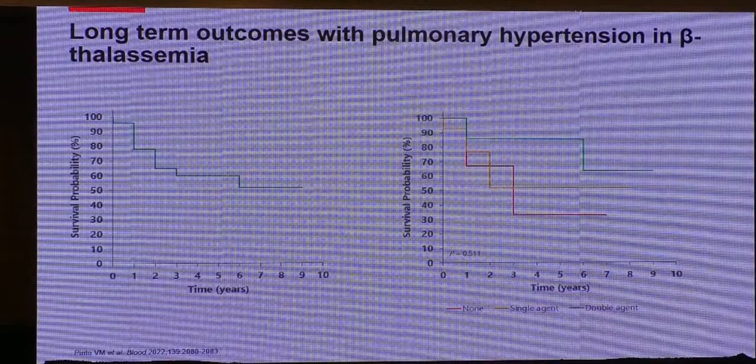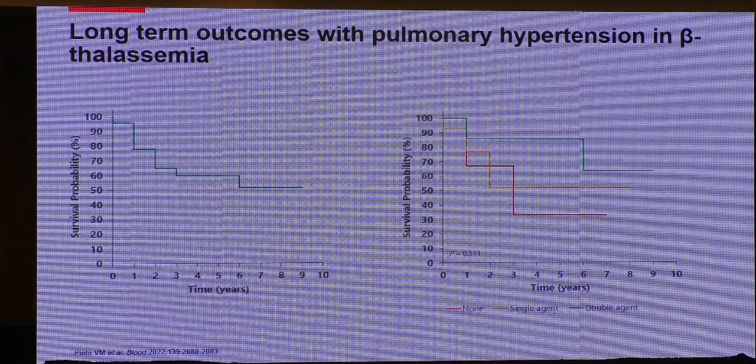And we recently published a follow-up on this 10 years later to look into mortality in those patients that develop pulmonary hypertension. And you can see that it is high. Around 40% of patients who had pulmonary hypertension died within 9 years, despite use of various agents to try to address the pulmonary hypertension.